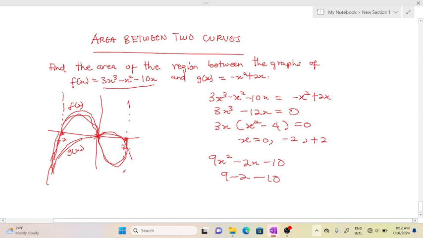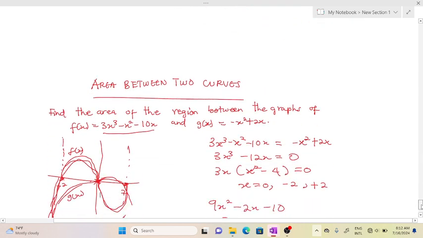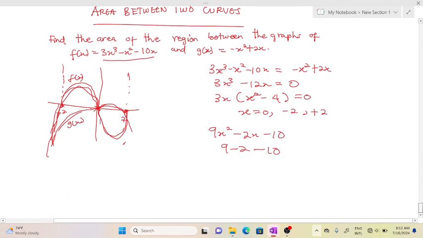So having given you the idea of the pictorial view of our functions, the next thing to do is simply to go straight with our integration. But remember that our integration is going to be over different regions. You start from negative 2 to 0, from 0 towards 2. It's going to be 2 parts.